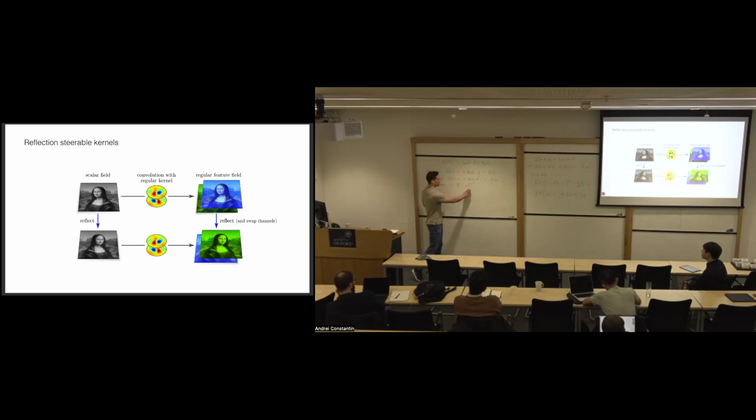So we have that 2 times 1 kernel here. And the constraint looks such that the reflected kernel now has two components. So you have like the first and the second channel.